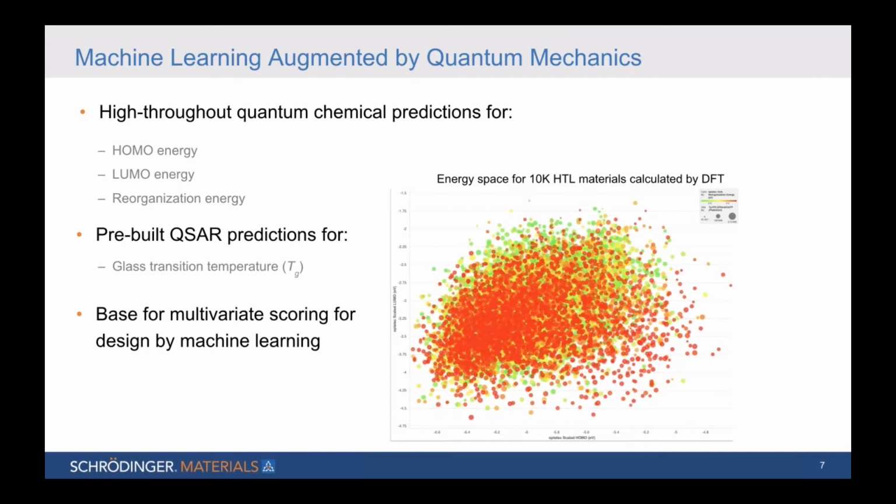So for that, we're looking at the glass transition temperature of the material. And for the glass transition temperature, instead of using physics-based simulation, because it can be really expensive on such a huge data set, we actually used a pre-trained QSPR model for making glass transition temperature predictions for the compounds in the chemical library we developed.